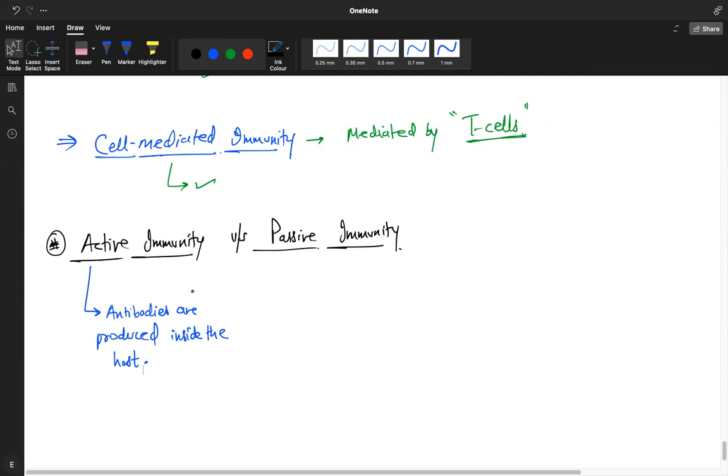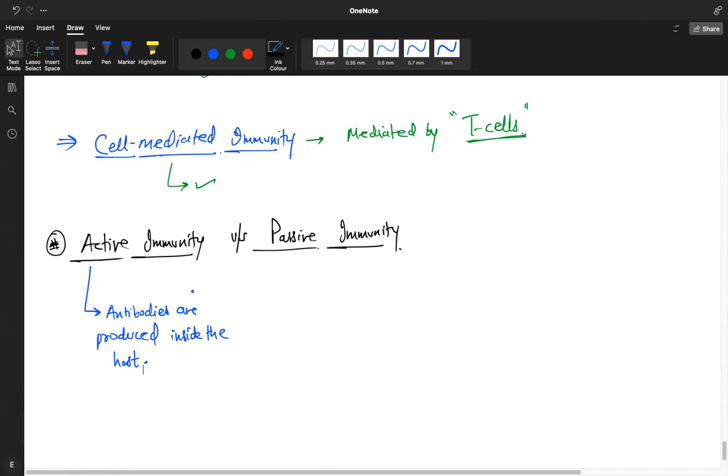Like Nabil said very correctly, you use the weakened virus, or we call it the heat killed inactive virus, or we also use the word attenuated. We use the attenuated virus or microbes, and we put it in a normal person's body who does not have any disease. So this immunity cannot be given to a diseased person. You can only be immune beforehand. You cannot be immune when you are going through that disease. Do you understand?